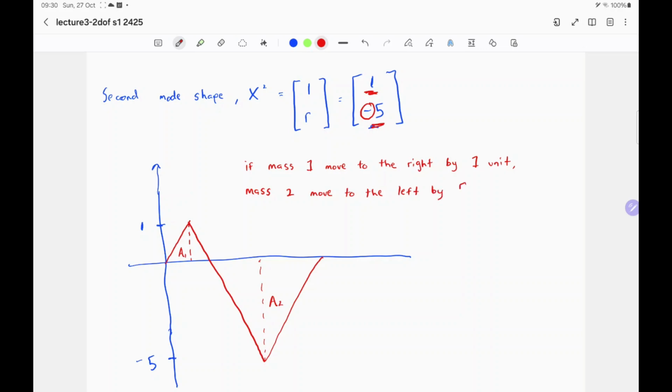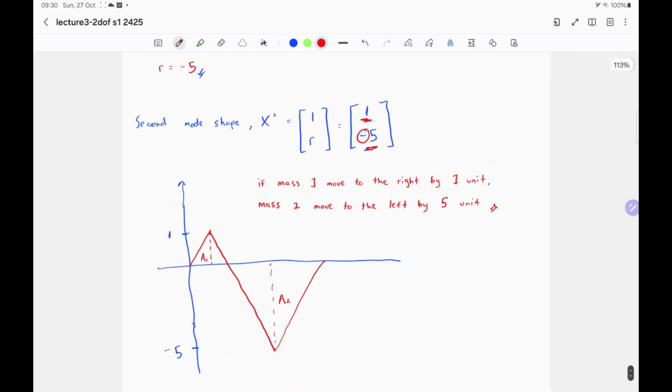So this is the explanation of mode shape.